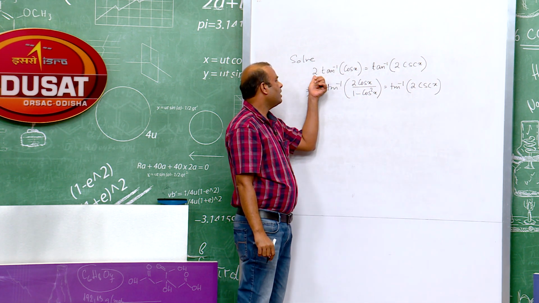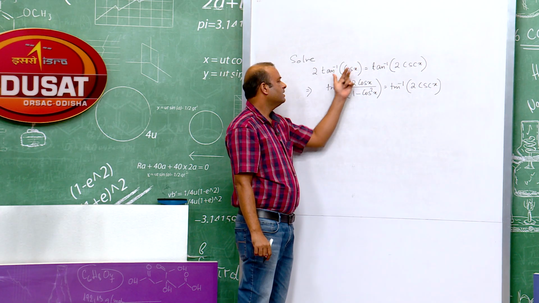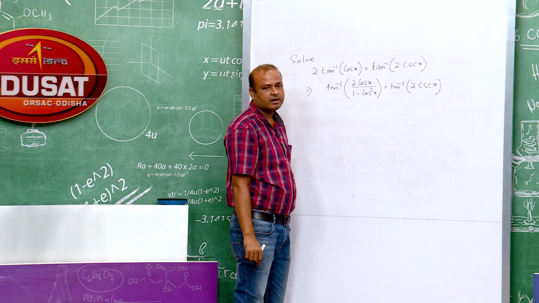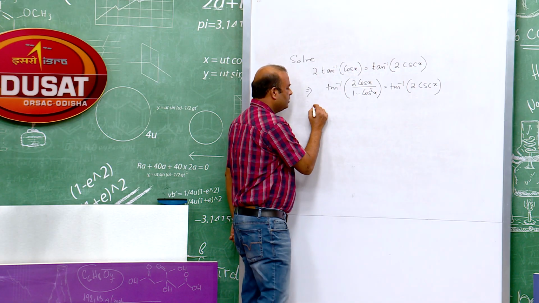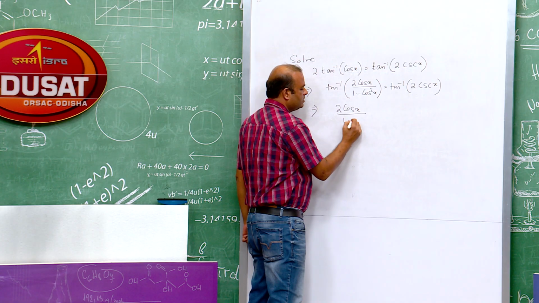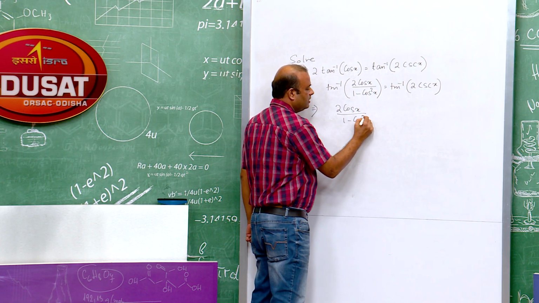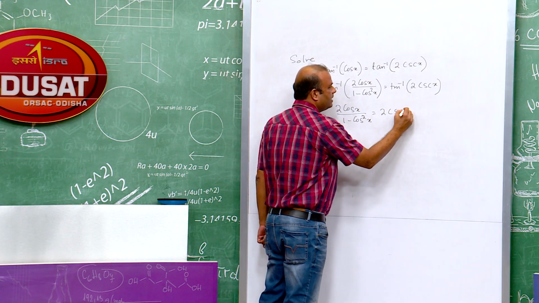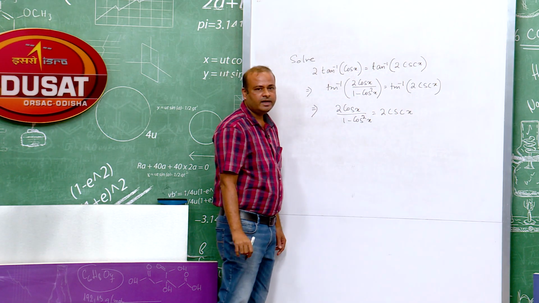Here use the formula 2 tan inverse x equals tan inverse 2x by 1 minus x square. So now 2 cos x by 1 minus cos square x is equal to 2 cosec x, right?